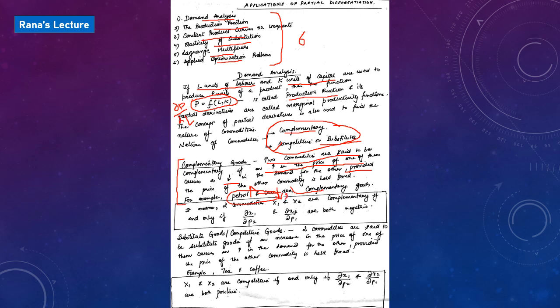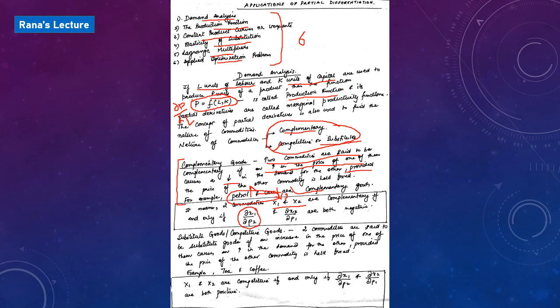It means two commodities X1 and X2 are complementary if and only if delta X1 by delta P2 and delta X2 by delta P1 both are negative. Let us understand this.